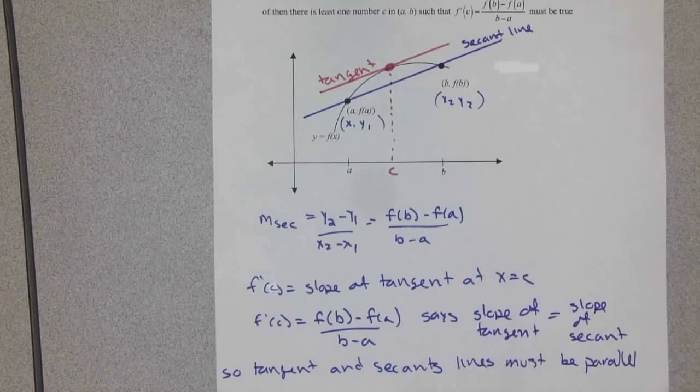So what the mean value theorem is saying graphically is that when you have these hypotheses, continuous on the closed interval [a, b] and differentiable on the open interval (a, b), then there will always be at least one point between a and b where the tangent line and the secant line are parallel.